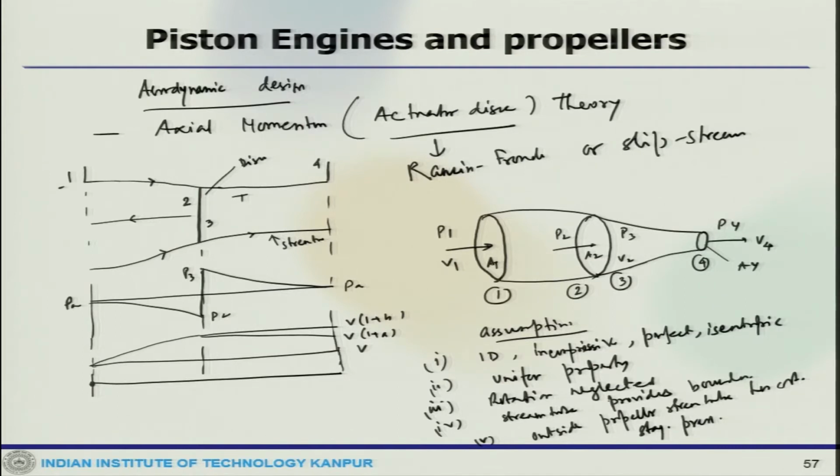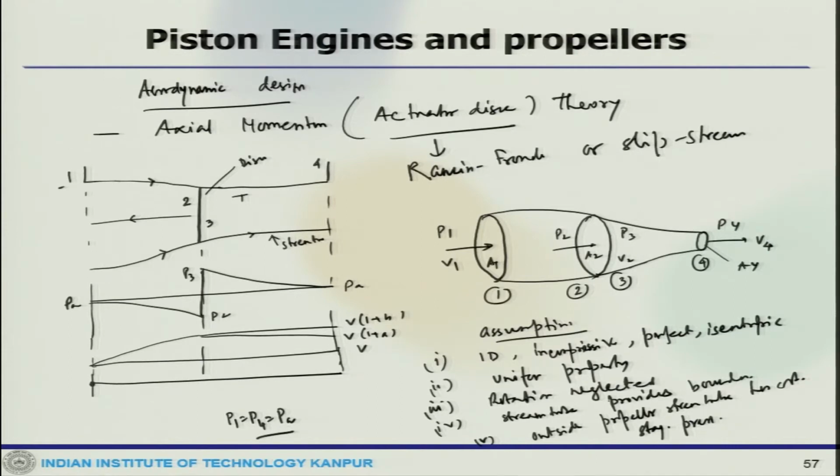Now, also along the stream tube between sections 1 and 4, the velocity increases from the free stream value of V1 at cross section area A1 to the area A4 and V4. So, the static pressures at stations 1 and 4, P1 and P4, are atmospheric. That means P1 and P4 would be P atmospheric.